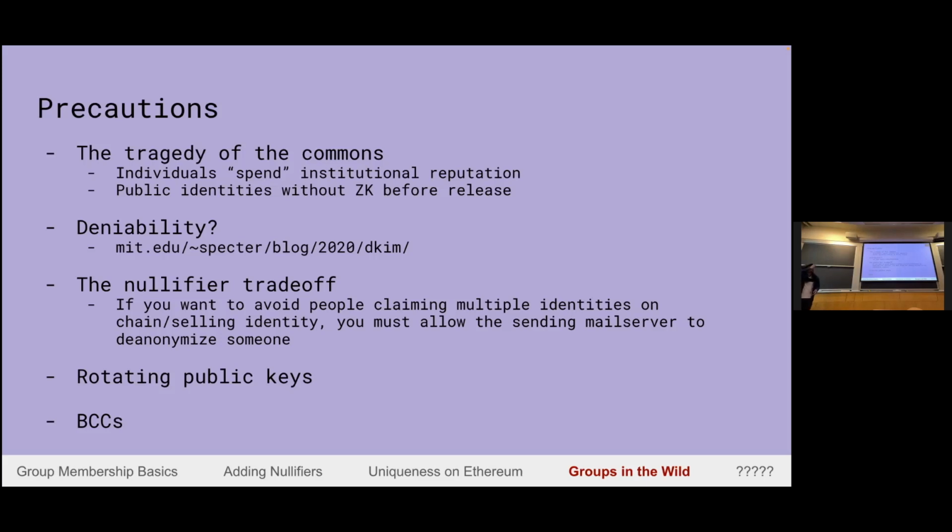So one example is that you get this problem with the tragedy of the commons, where individuals can now spend institutional reputation that the institution didn't sign up for, and say things on behalf of that institution, right? So we could, for instance, use this or ZKJWTs, which I'll talk about soon, to say, OK, someone who proved that they had an email at MIT.edu can say something on behalf of MIT.edu.